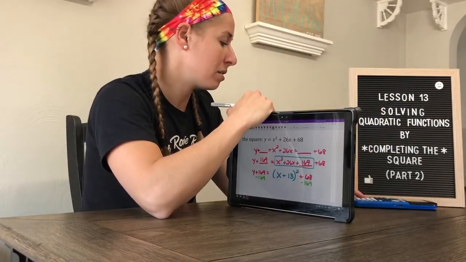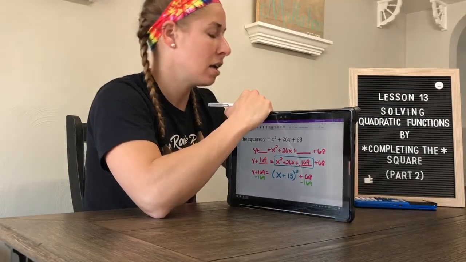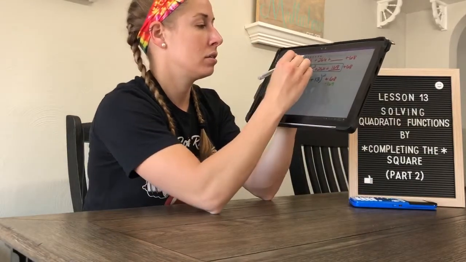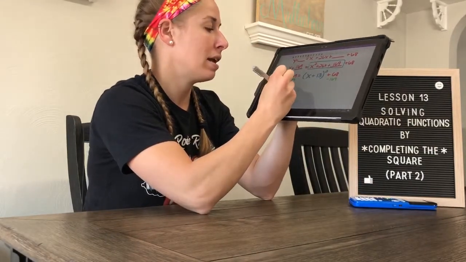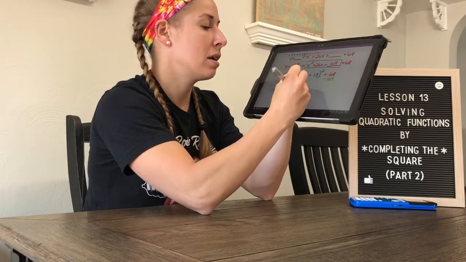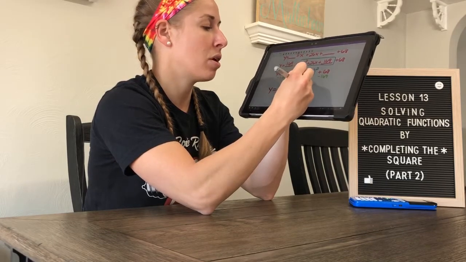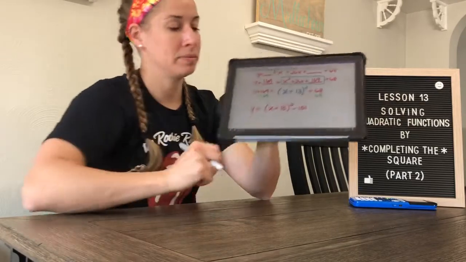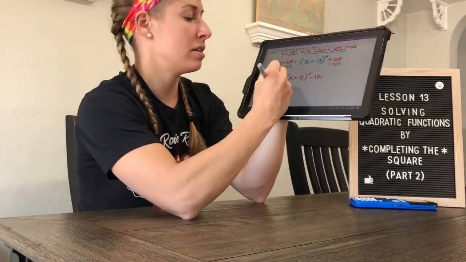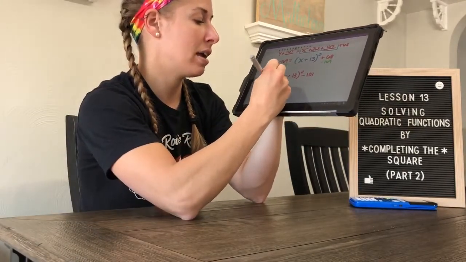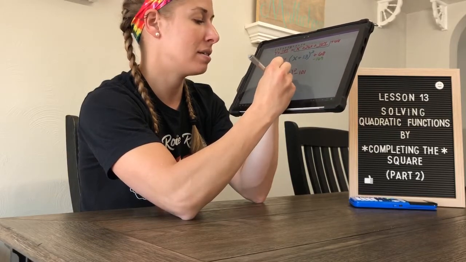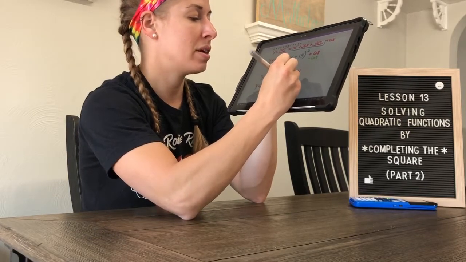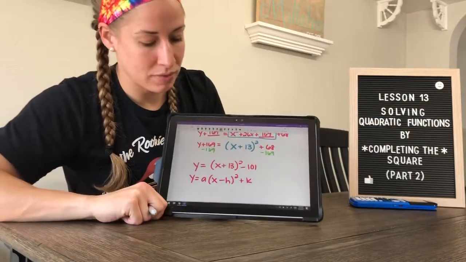68 minus 169 is negative 101. So we get y equals the quantity x plus 13 squared minus 101. And so there is our y equals a times the quantity x minus h squared plus k. That's vertex form.